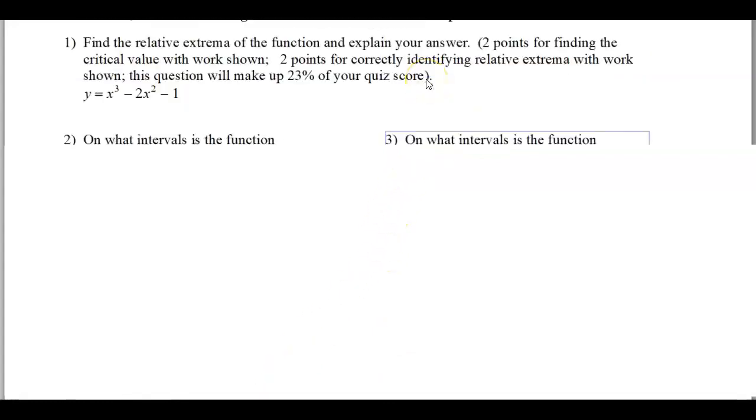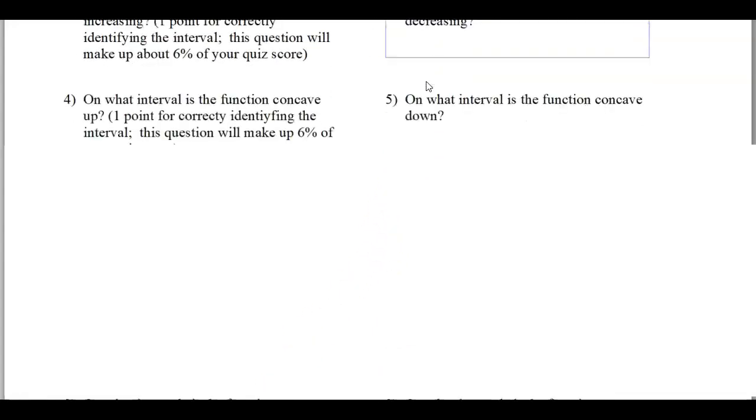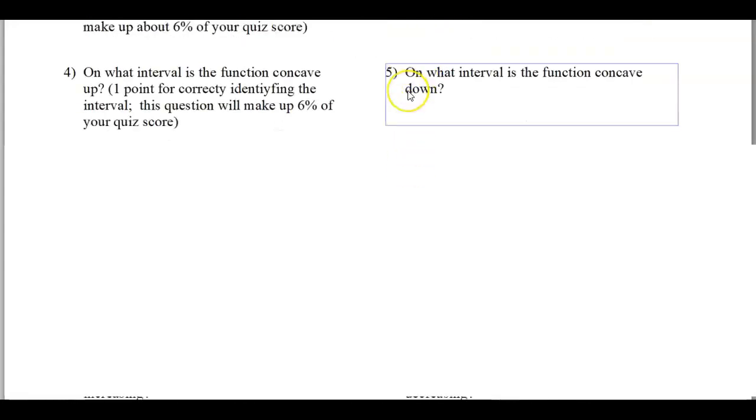The original function was that, and so the first derivative was that. But when you're talking about concavity, then you really want to be looking at the second derivative, which would be that.